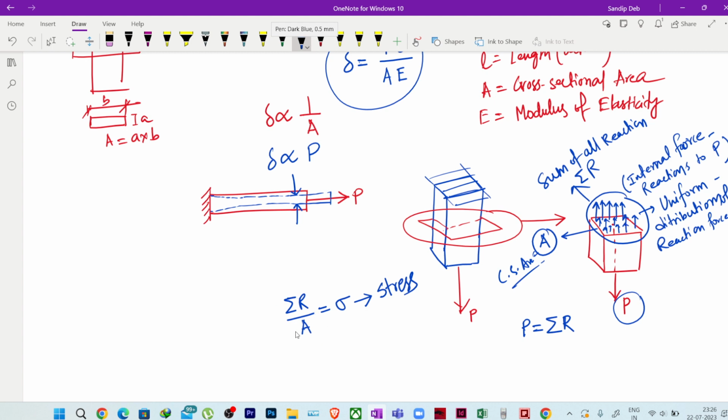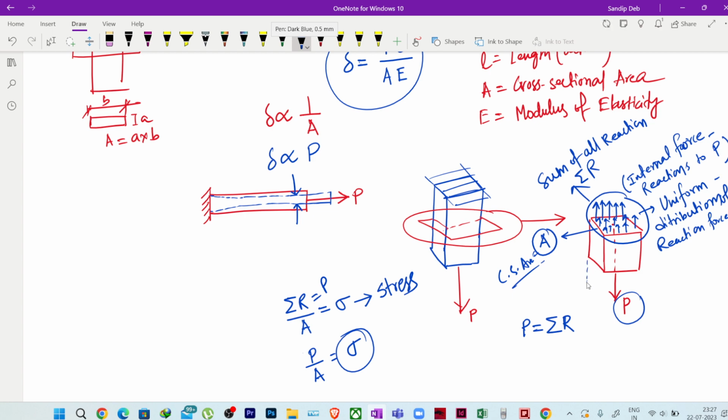We call it load by area, or I would say P by A. Summation of R is equal to P, right? So if we replace R by P, the total force applied on a unit area we call stress, which we denote by sigma. Correct? Right? So we have applied load and stress happened.